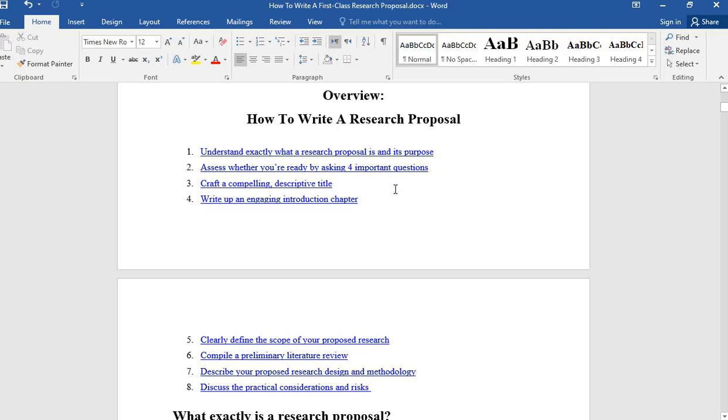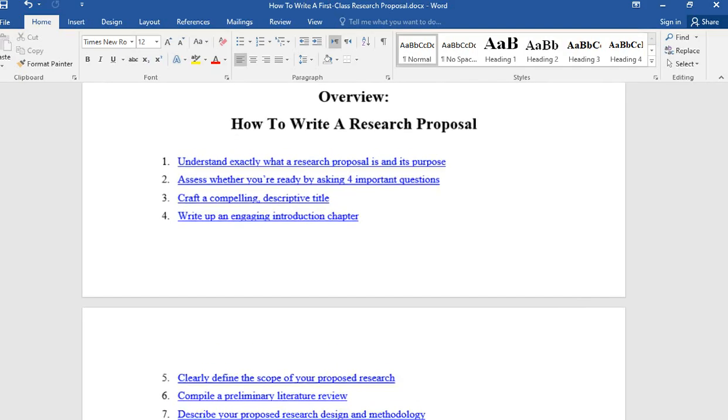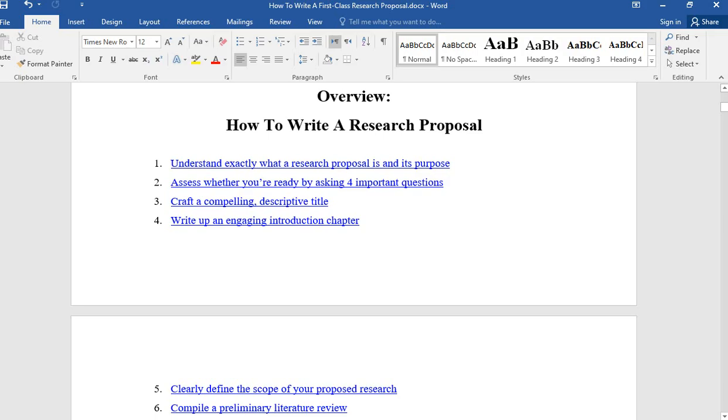First, understand exactly what a research proposal is and its purpose. This is the first point. 2, assess whether you're ready by asking 4 important questions, right? And 3, craft a compelling, attractive, descriptive title.